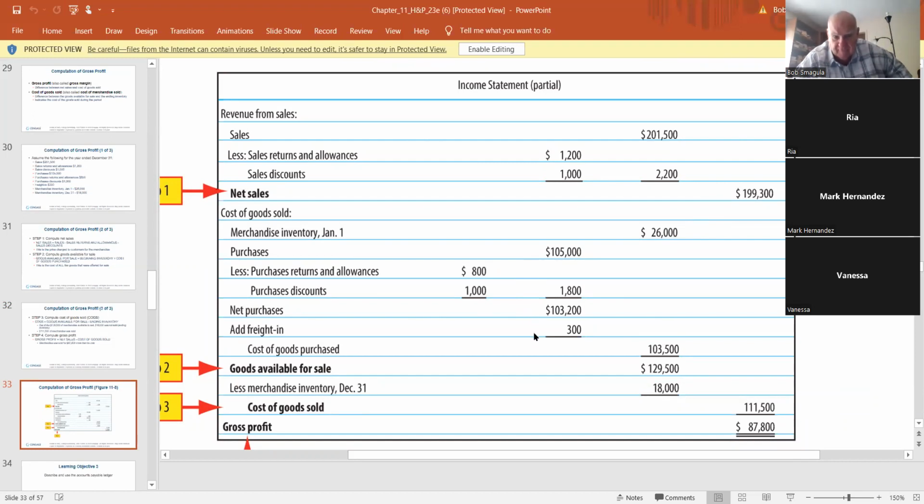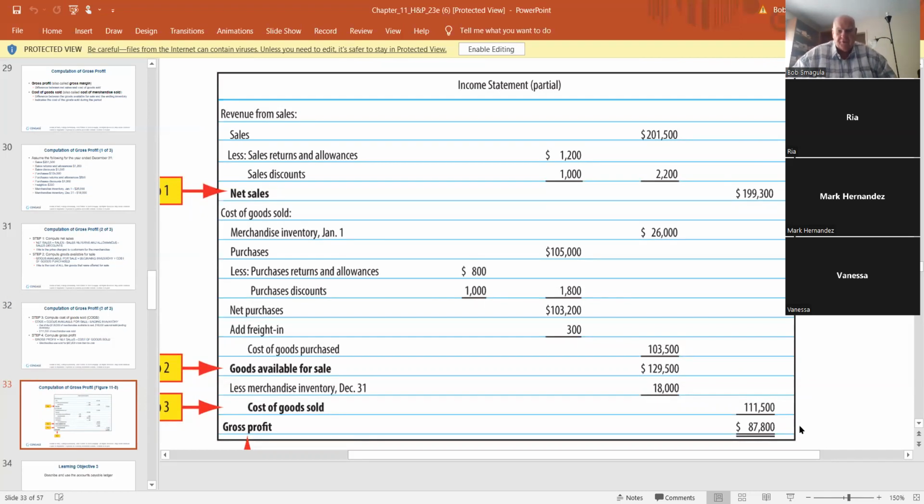We have to add in any freight. So the cost of the purchases was 103,500. 26,000 plus 103,500. Available. They had 18,000 left in the ending inventory. So that means the cost of goods sold is 111.5 and your gross profit is 87.8, which is the 199,300 net sales minus the $111,500.